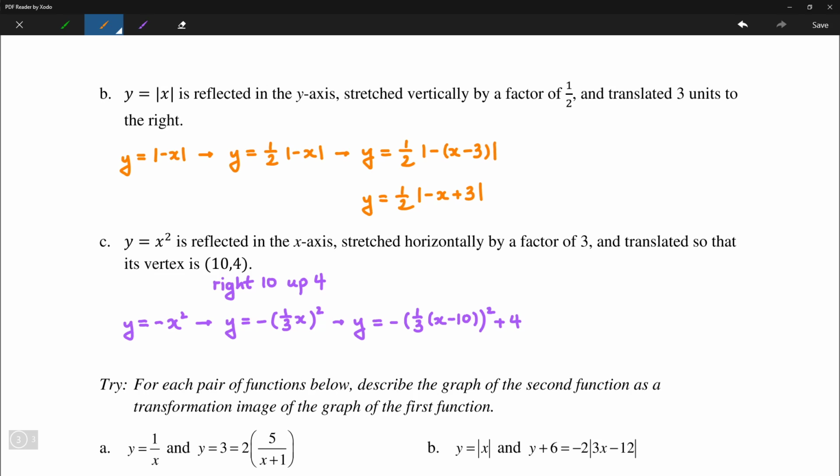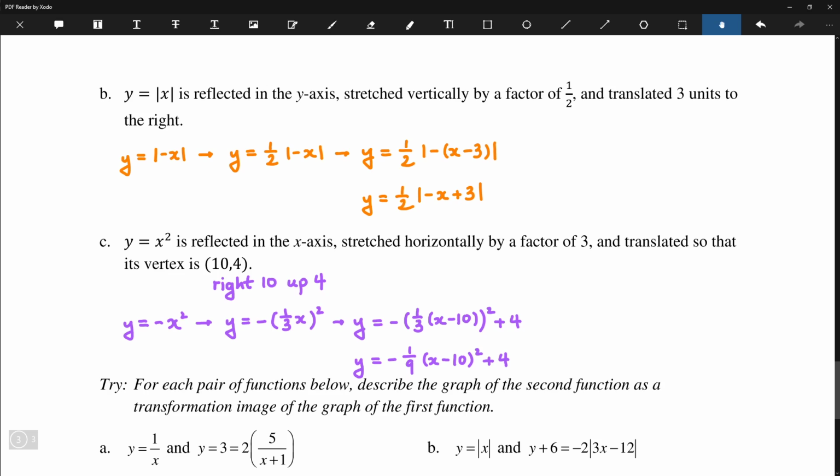Likewise here, we can square some of the terms, not all of them, it just makes it look very complicated. So 1/3 squared is 1/9, and then we'll leave it as x minus 10 all squared plus 4. Okay, so this is a little bit simpler.